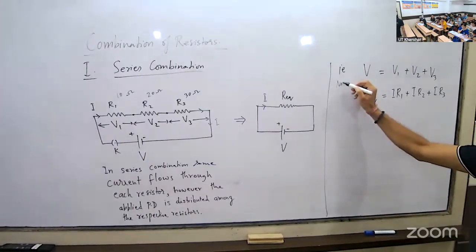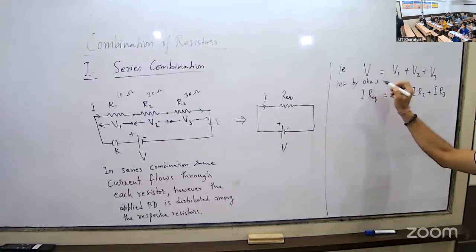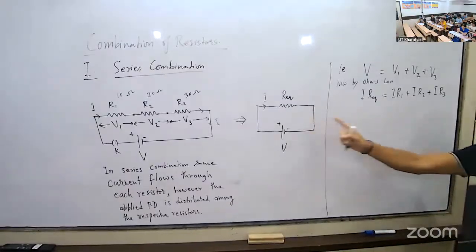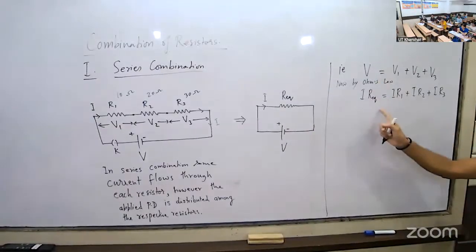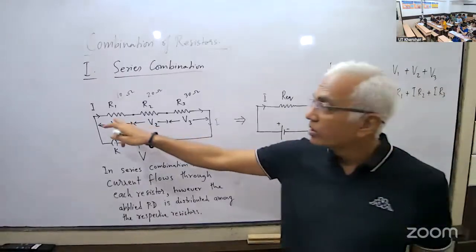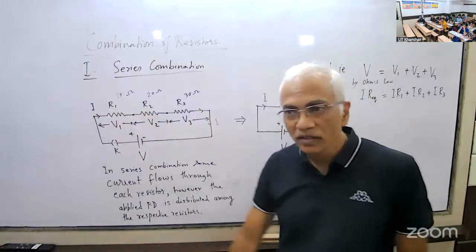Okay, so from the equivalent circuit, we get E is equal to I R equivalent. And from the distributed circuit, we get this. What is the potential difference across a resistance? By Ohm's law, it is the current flowing times the resistance.